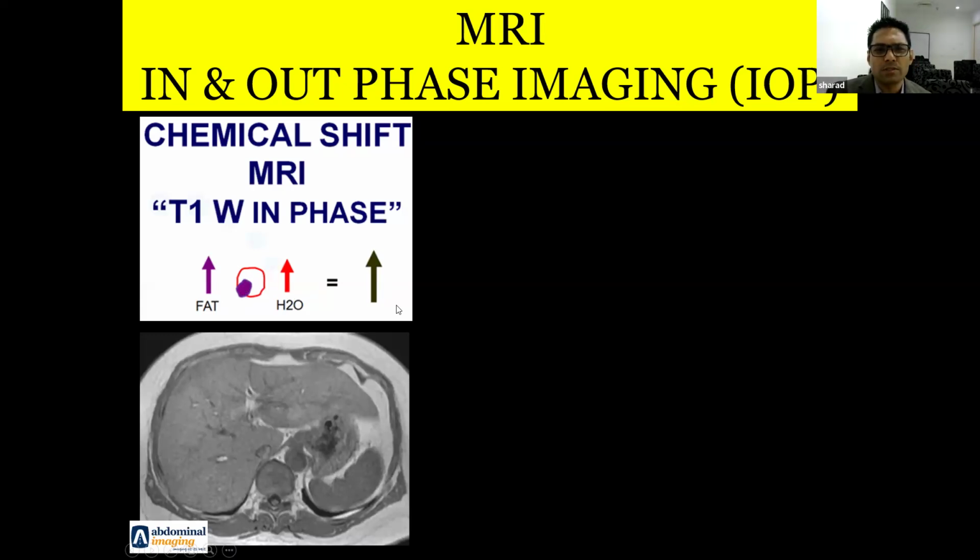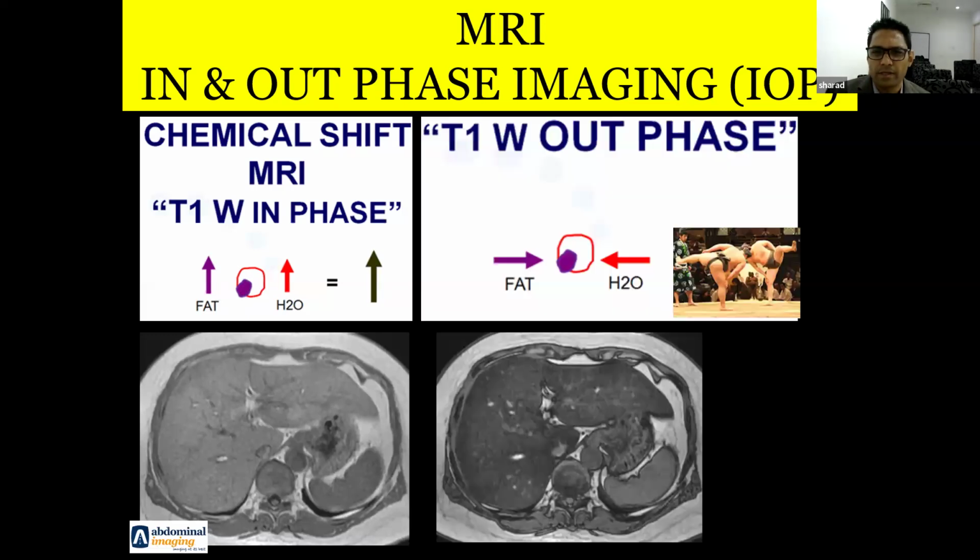So what we do is a set of chemical shift imaging, as 2 sets of images, the in phase and out of phase. I'll not be going much into the physics of this. What happens is the fat signal and the water signal cancel each other. So then you see a signal drop in the liver.